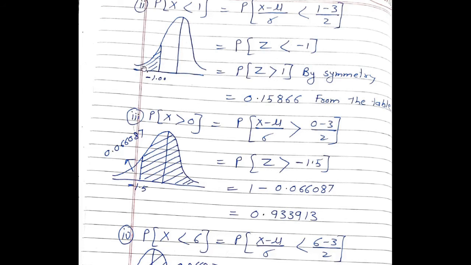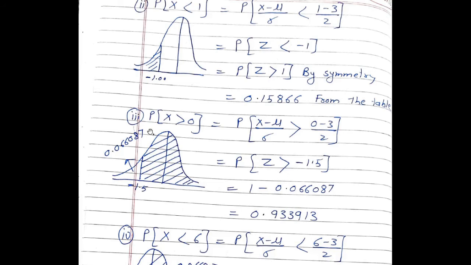So we will draw the curve and mark the portion. The ordinate is negative, so minus 1.00 will come on the negative side of the curve. And we want the less part, therefore we will mark the portion which is left of the ordinate, which is the same as probability z greater than 1. Just now we have seen that the value is 0.15866 from the table.